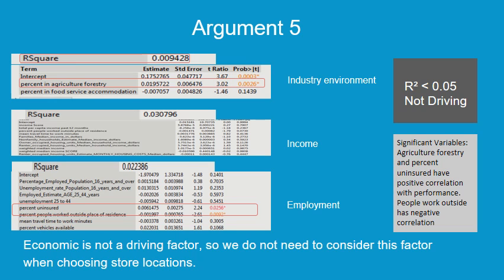There are also some significant variables, which are agriculture, forestry, and percent uninsured people. These two variables have positive correlations with the performance of Olive Garden restaurants. However, people working outside has a negative correlation with Olive Garden performance.